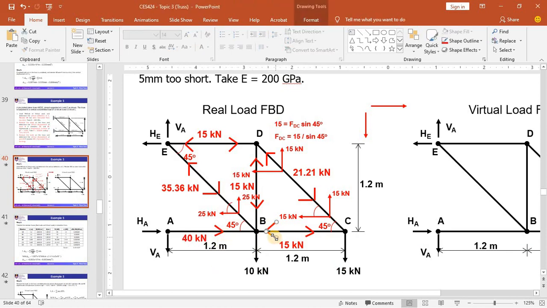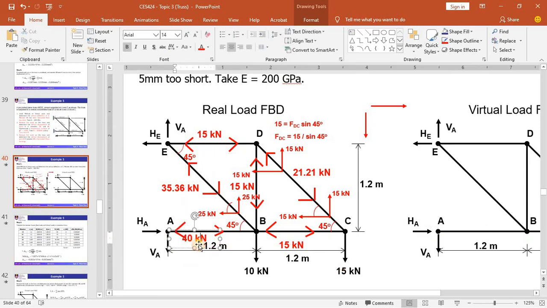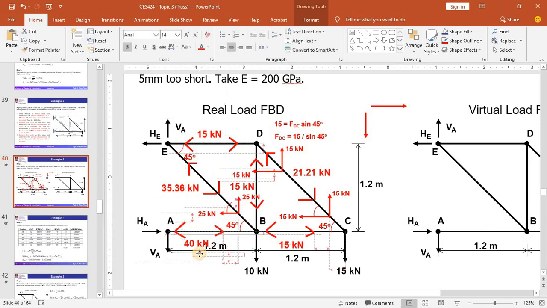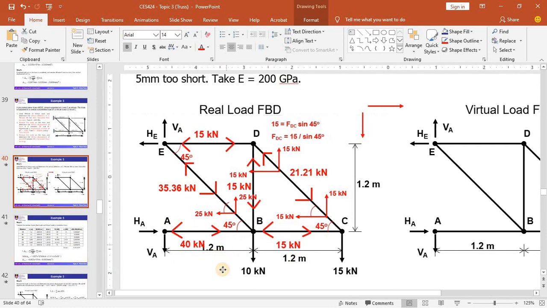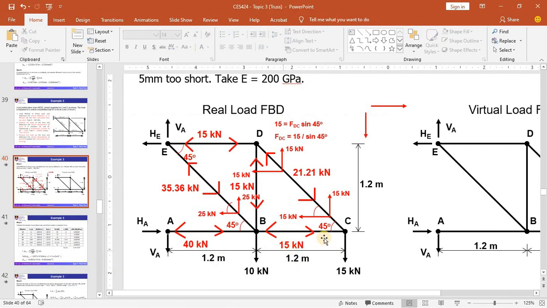Okay, let's complete the sign of this member. Okay, so we have done it, and you can see that I obtained all the internal forces in the truss structure system by using the easy method.